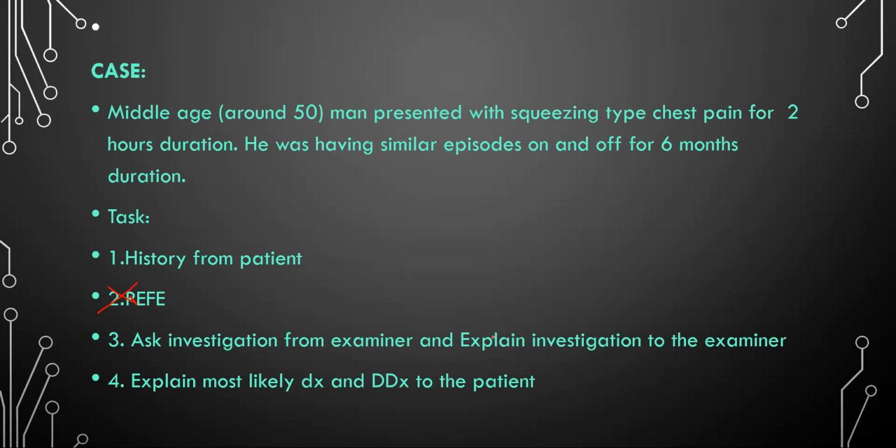Also, if we look into this case, it's a middle-aged patient, squeezing pain, 2 hours, it seems like an MI patient, right? Now, the case turned out to be a reflux case, but in a normal situation, we would think of it as MI.